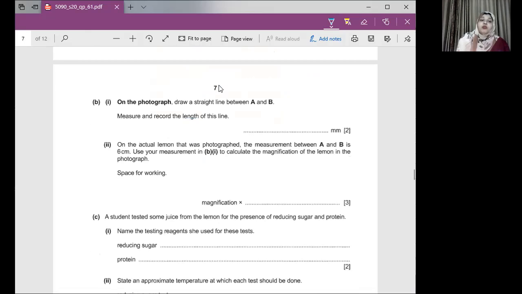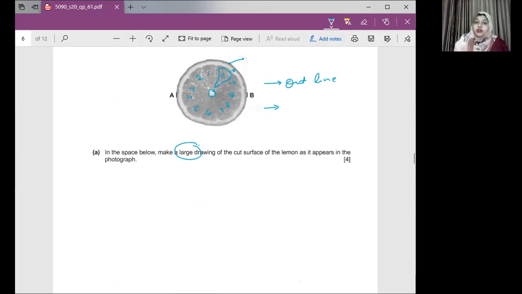Okay, now move to this one. On the photograph, draw a straight line between A and B and measure and record the length of this line. On the photograph, it means the examiner needs you to draw a line from A till B, and it should be with the ruler, and you have to measure.